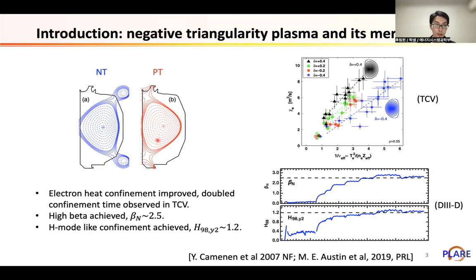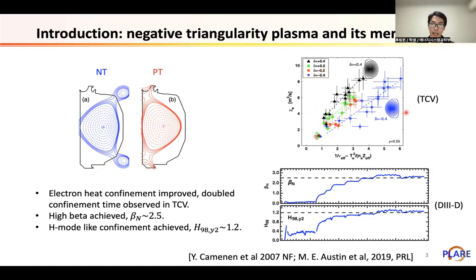Here, this figure shows the cross-section of the conventional positive triangularity plasma. And the red figure shows the mirrored one, that's the negative triangularity plasma. And it has many merits.